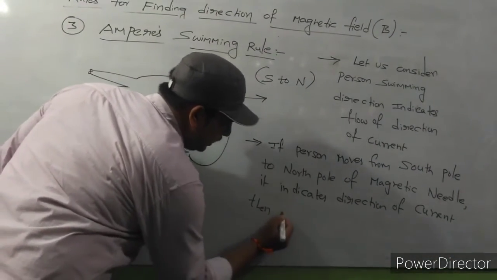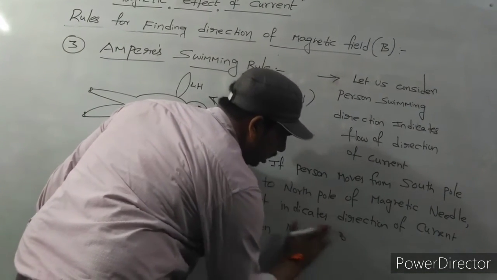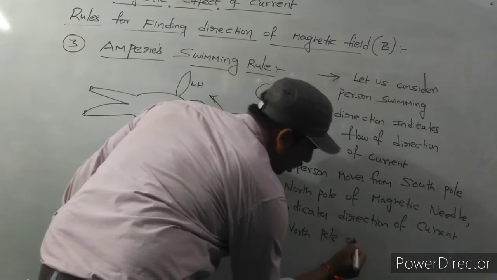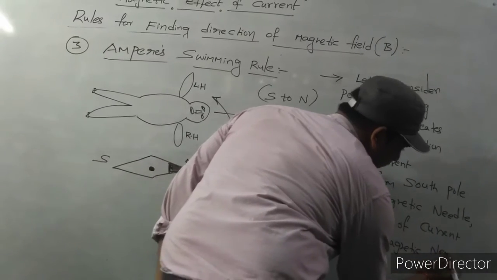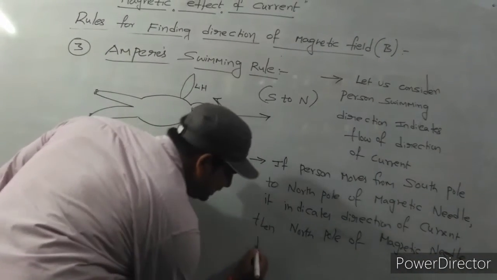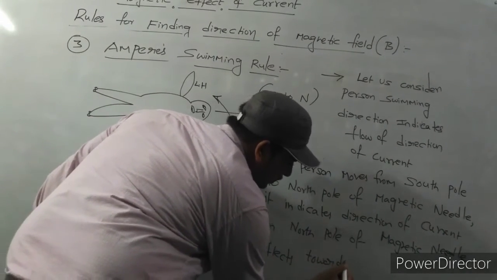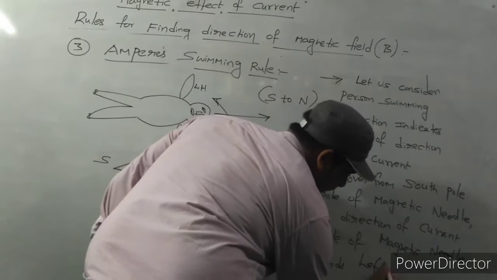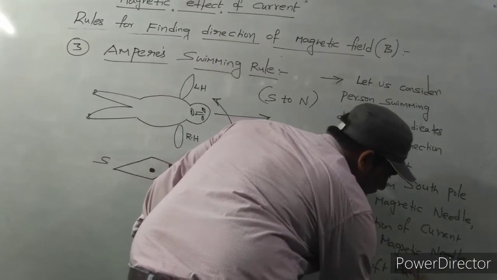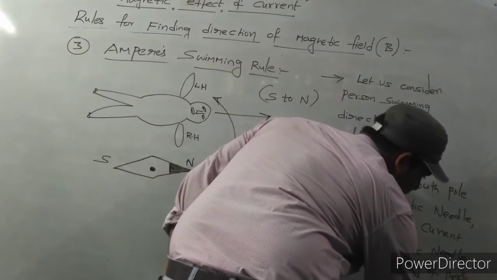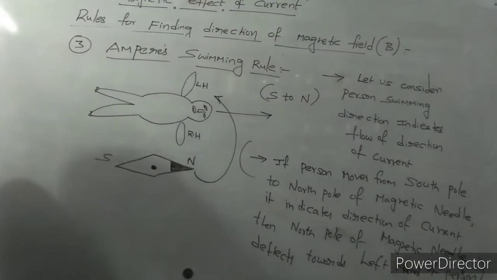Then the north pole of the magnetic needle deflects towards the left hand of the person. So this is Ampere's swimming rule.